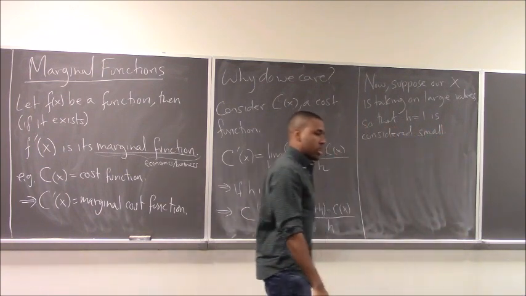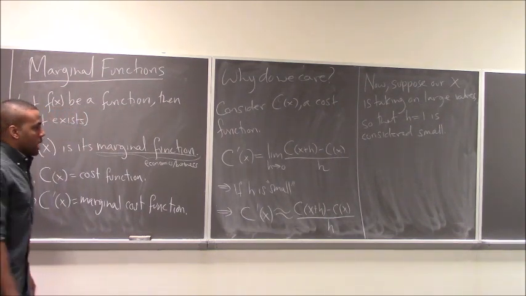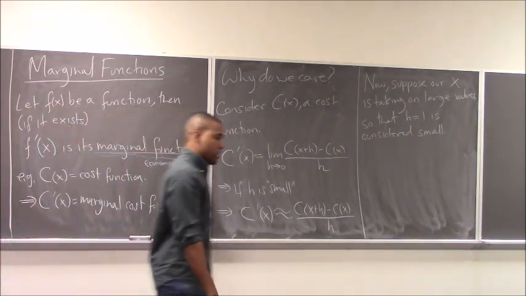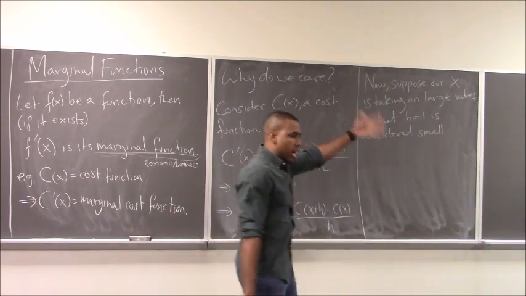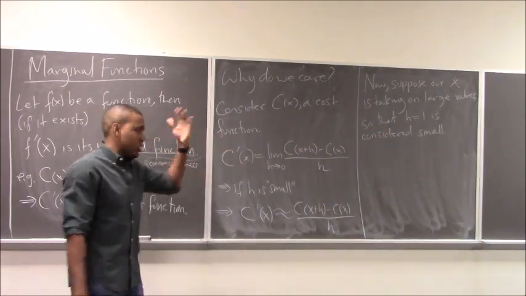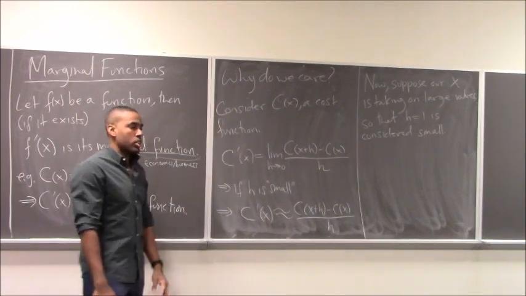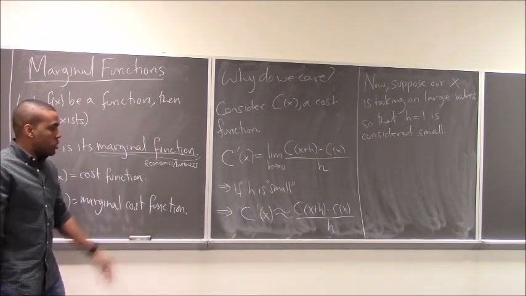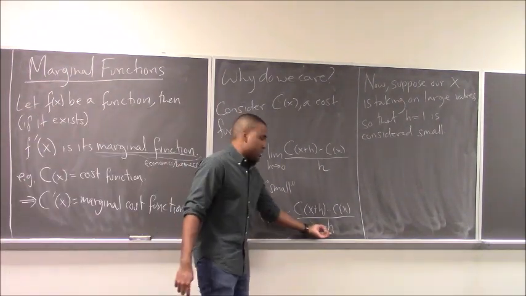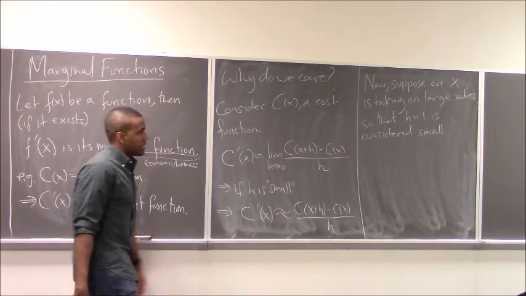And this is where it sort of comes into business. Usually now our x is going to be representing some kind of product that we're mass producing, or mass selling. So x is going to be in the thousands or tens of thousands. You imagine that there's this large company producing a certain amount of products. They know about their cost function, and so now they're looking at the marginal cost function. X is so huge that h being small is 1, which is pretty much as small as it can get, without coming to 0.